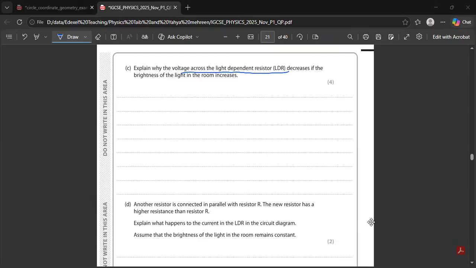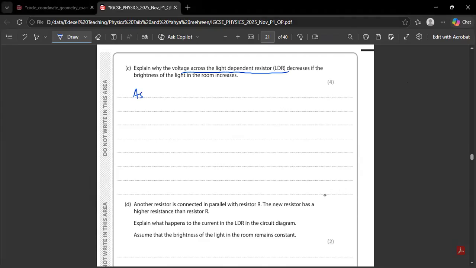So this is how we are going to write: as the resistance of LDR decreases with the increase in the brightness. And how do I know this? Because the voltage across LDR decreases.